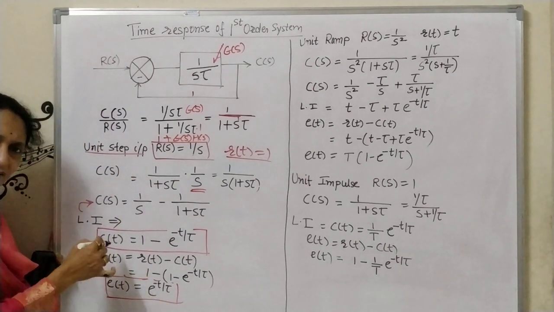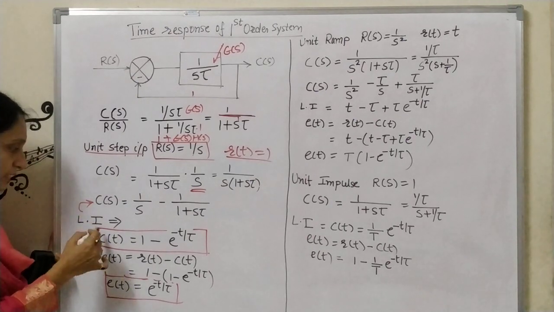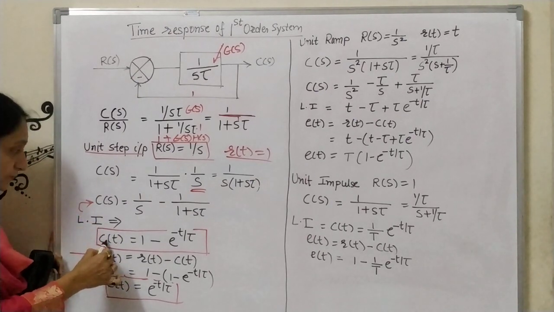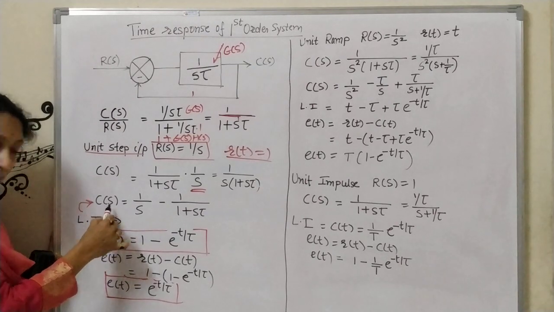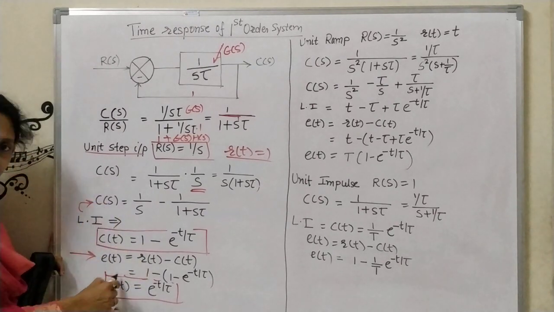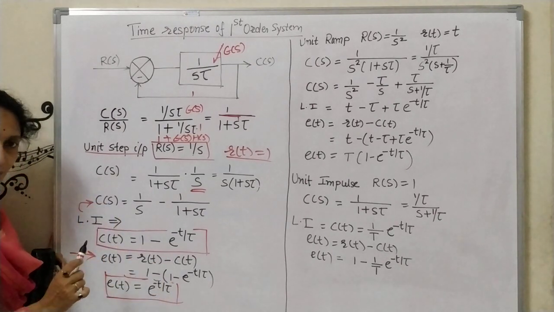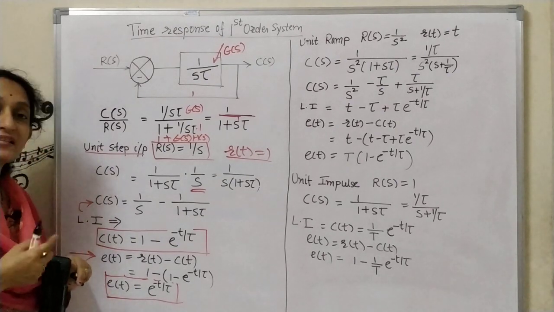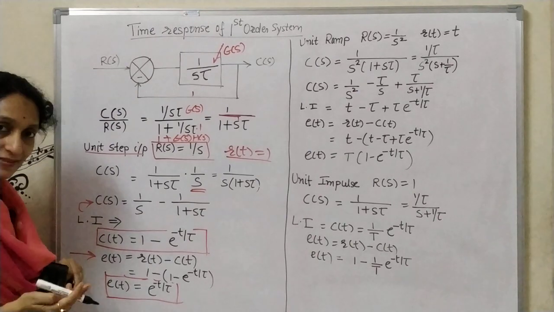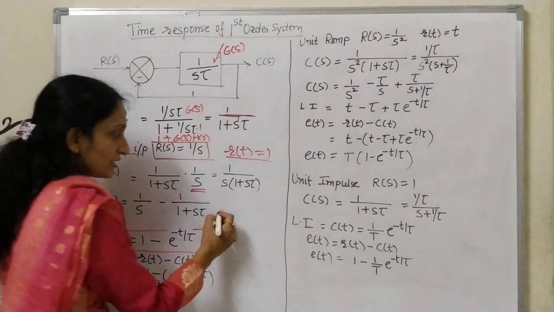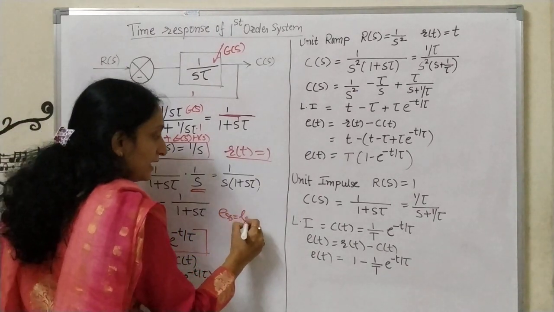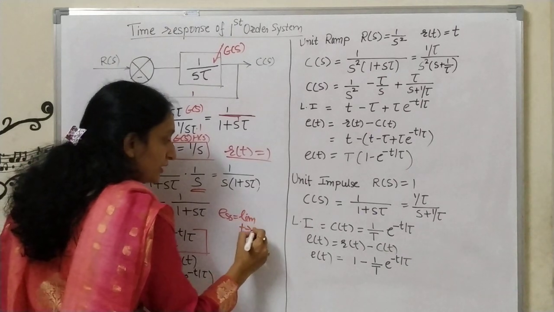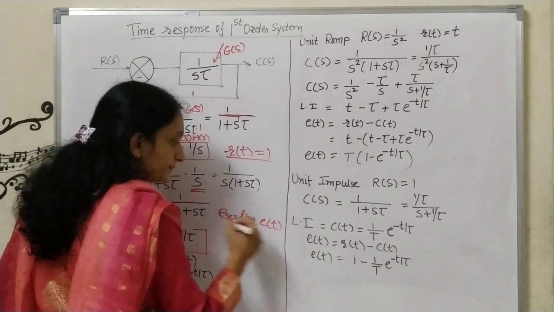Okay. So please remember what I have calculated. I have calculated c of t from c of s. Then I have calculated error after substituting the value of input and output. Okay. See, from e of t we can calculate steady state error, that is ESS. Okay. So what is ESS? ESS is nothing but limit t tends to infinity of e of t.